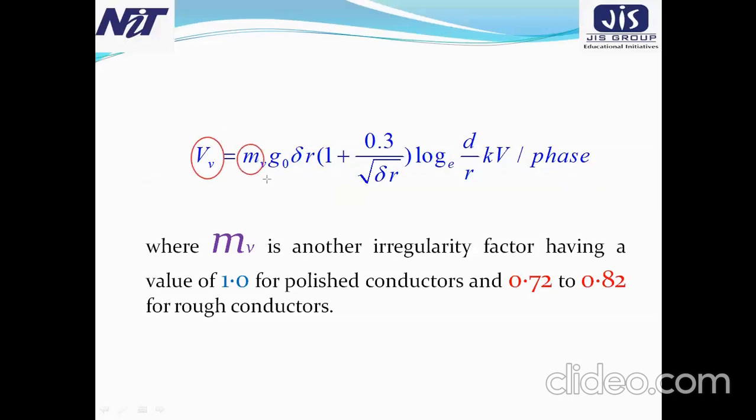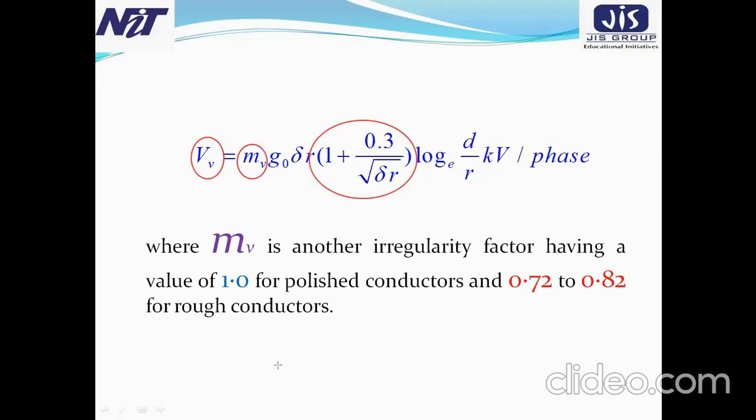Now m0 is converted to mv, and g0 delta r is the same. Inside, a new term comes: 1 plus 0.3 by root over delta r, times log d by r kV per phase. So this new part comes into the equation additionally, that is 1 plus 0.3 by root over delta r.